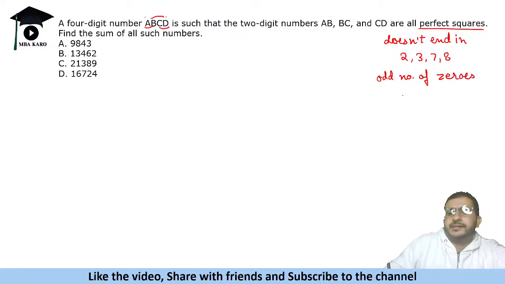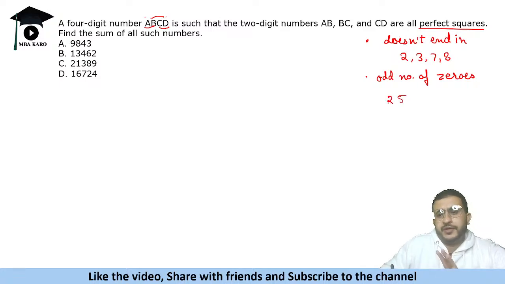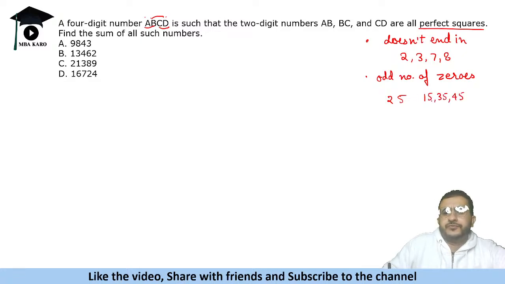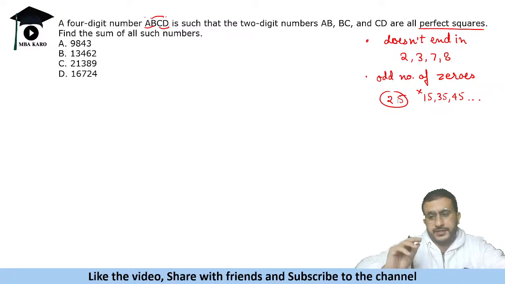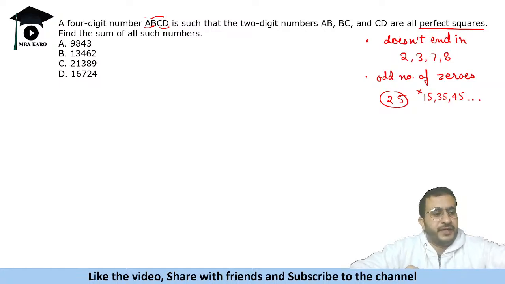And if it ends in 5, then it has to be 25; it will not end in 15, 35, 45, 05, anything like this. It will end in only 25. That is a property that you must know. Keeping this in mind, you have to find these numbers.